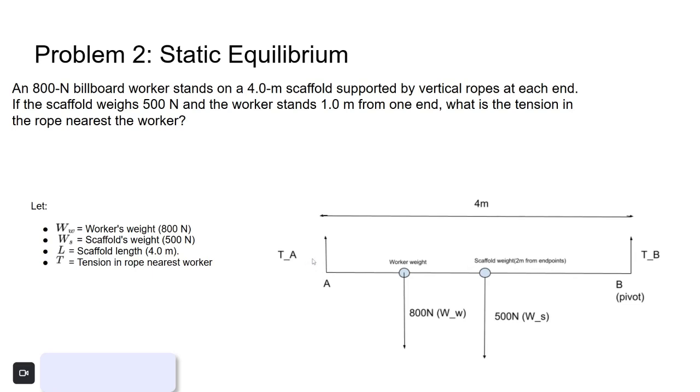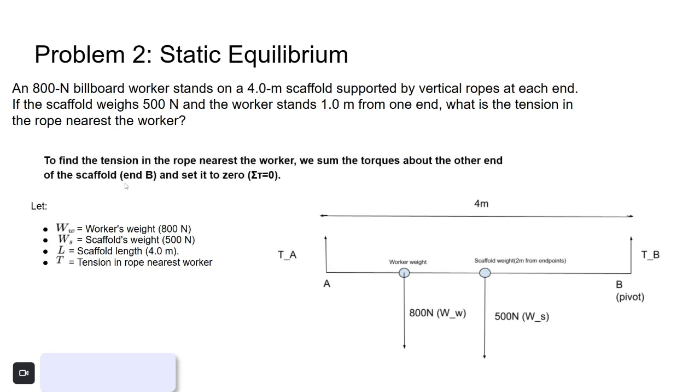So again, in order to maintain static equilibrium, so in order to not have the scaffold and the worker twisting and turning everywhere, we must have the sum of the torques equal to 0. So let's use the pivot point B as the pivot point. Because again, for torque, there's R value, meaning that we need a pivot point. And then we set the sum of the torque 0, getting this equation.